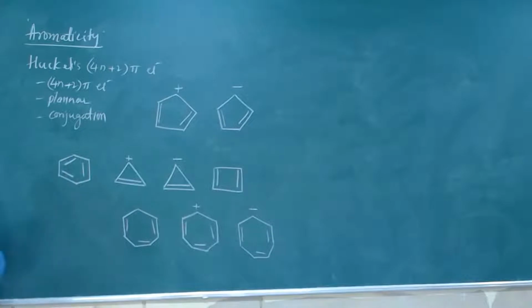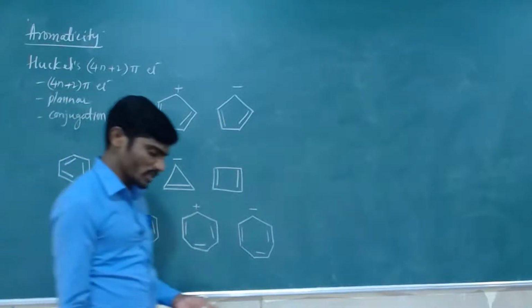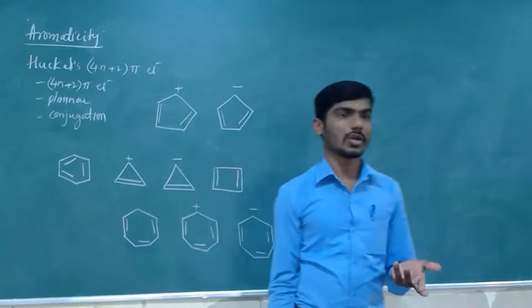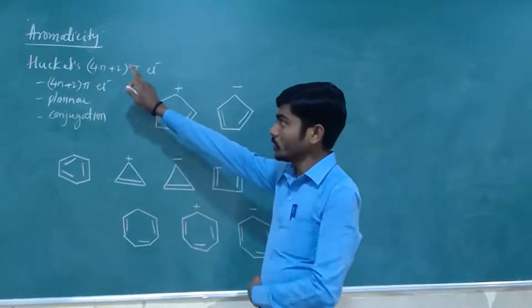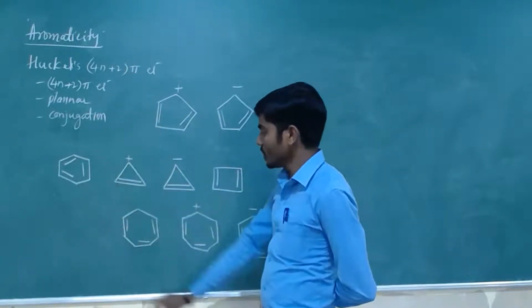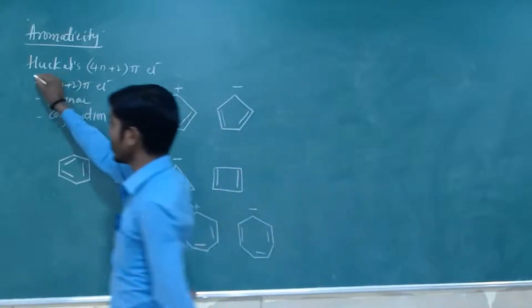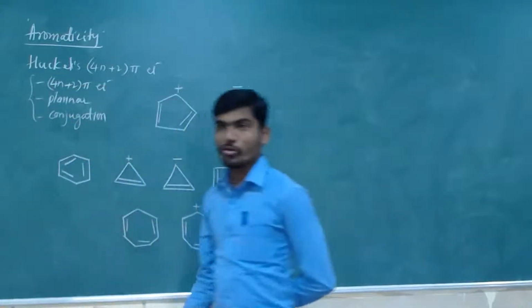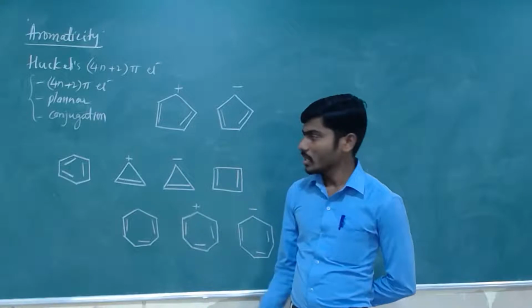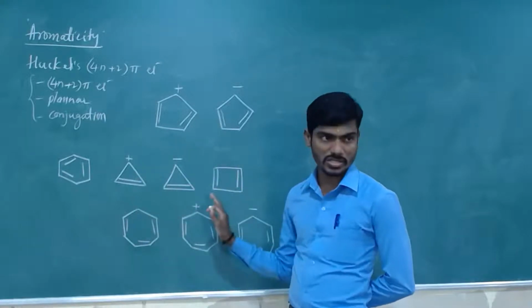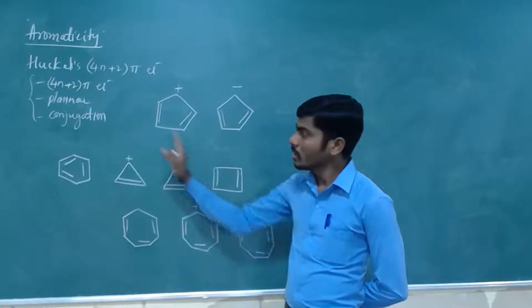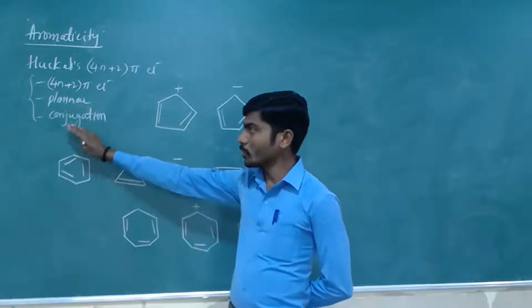Among these, can we classify these compounds into aromatic, anti-aromatic, and non-aromatic? Simple. A compound is aromatic if it satisfies these three conditions: 4n plus 2 pi electrons, planar structure, and one more is conjugation.